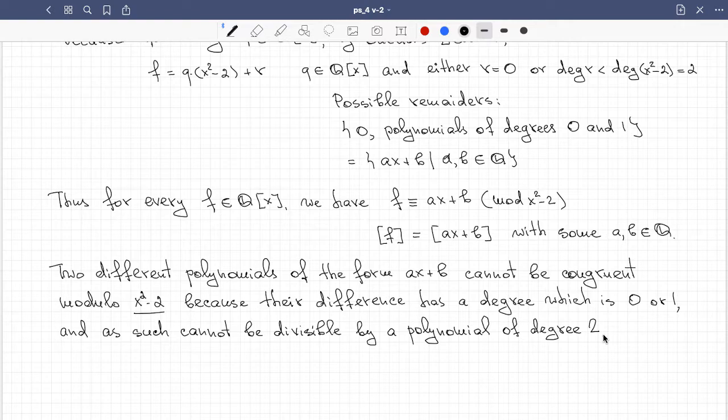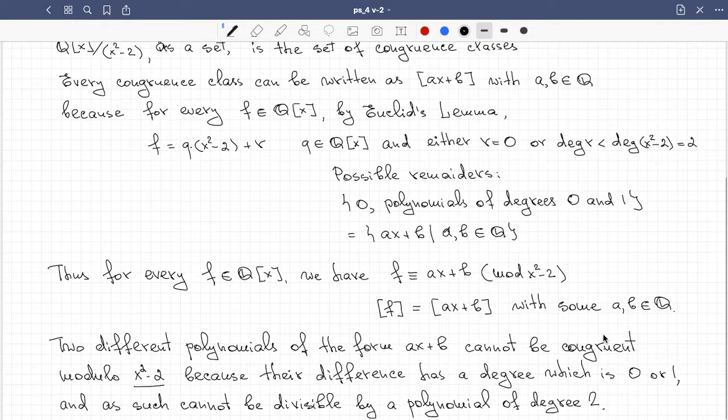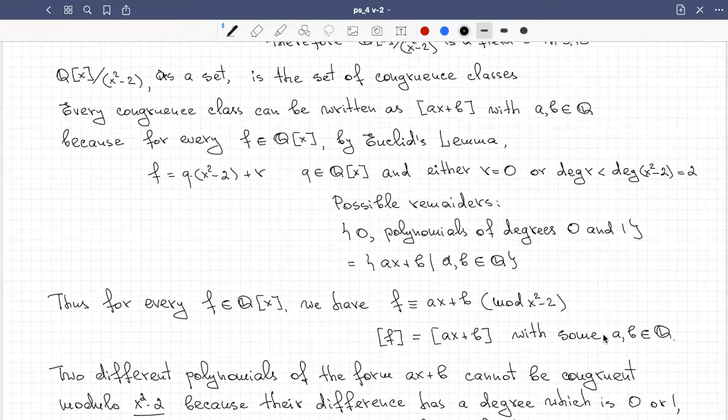So thus, we're justified, as the book asks us to do in this collection of exercises, why, as a set, this is exactly this set.